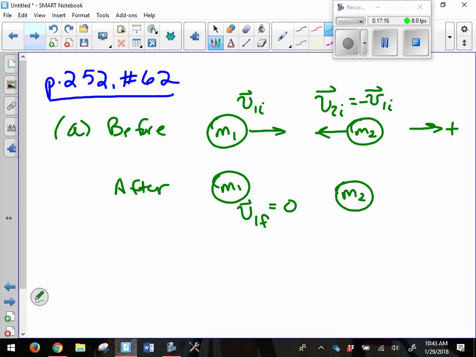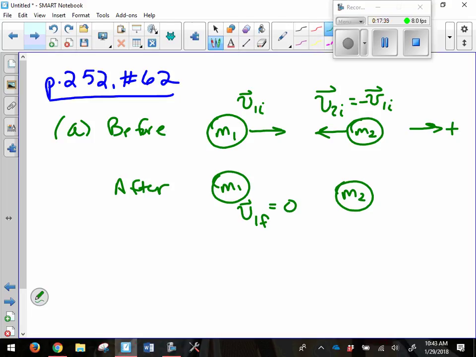Because I'd have M1 V1I going this way and negative M1 V1I going that way. And when I added them, they'd be 0, which means that the momentum afterwards would have to be 0. So if M1's velocity was 0, M2's velocity would have to be 0, right?